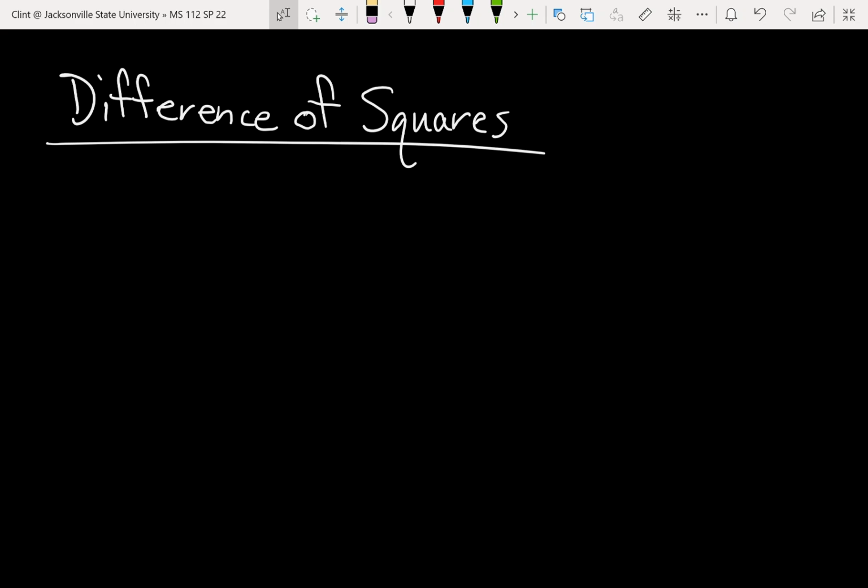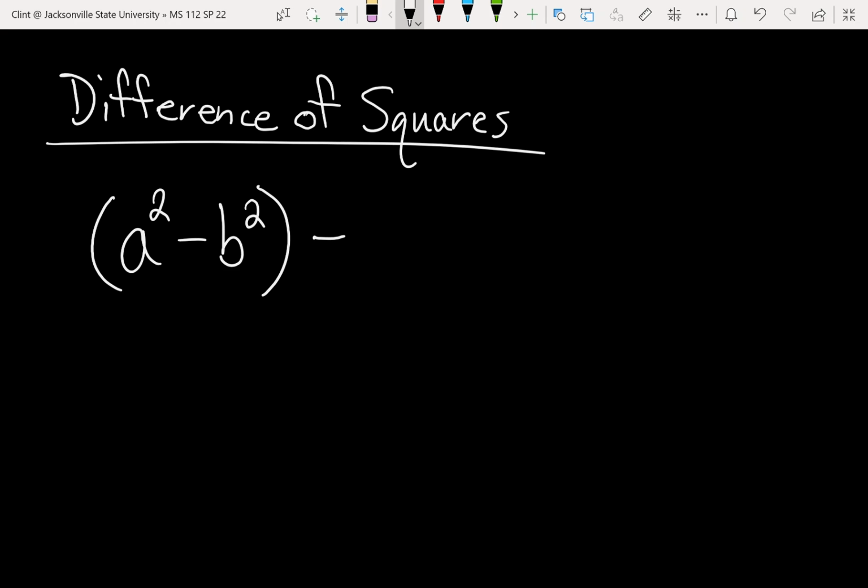So what we're talking about there is we've got two perfect squares, and between those, we're subtracting. So that's this situation. We've got some number squared minus some other number squared, a squared minus b squared. And it's always going to look the same when we factor it.